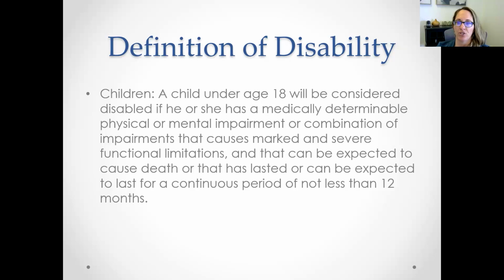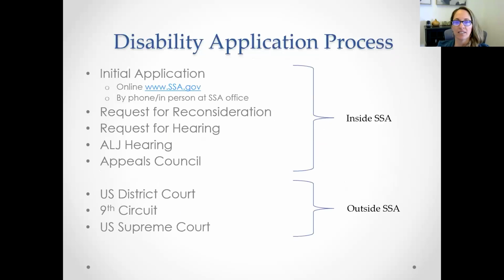For children, they have to meet certain very specific, severe disabling conditions, and there's very specific criteria for those, and I'll explain that a little bit later, with the same duration requirement that it has to be either expected to end in death or last a continuous period of not less than 12 months. Let's talk about the application process.